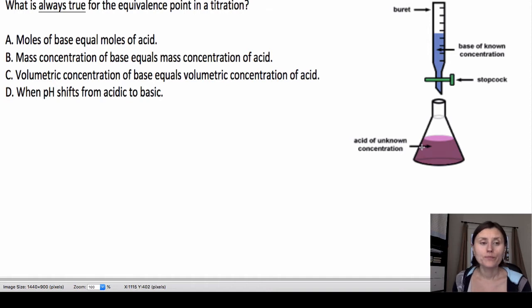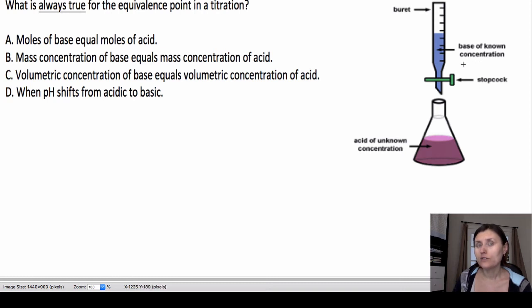So next question. What is always true for the equivalence point of a titration? And we have 4 different options. So just to remind you what a titration is, basically if you have an unknown concentration of acid, and you're trying to figure out what the concentration of this acid is, you can add to it a base of known concentration.